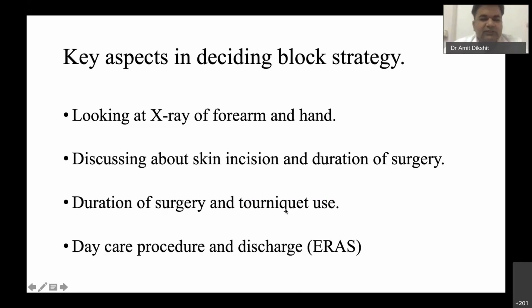Our strategy, whenever a tourniquet is planned, is to use a short-acting local anesthetic in the proximal area, maybe an axillary block or a subclavian perivascular block with only 2% lignocaine with adrenaline, and an isolated radial, median or ulnar forearm nerve block depending on the site of surgery.